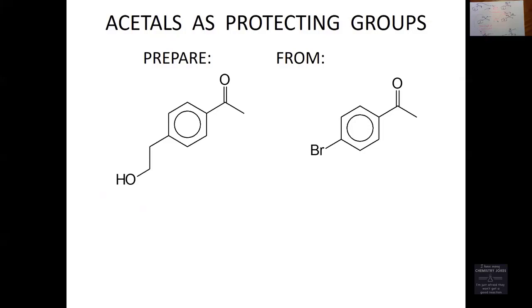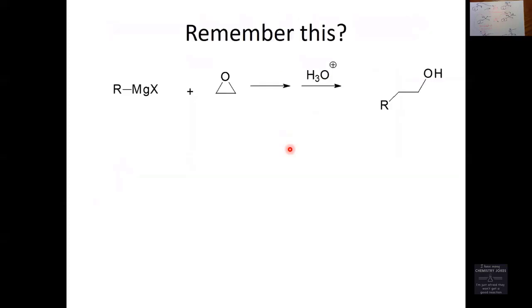Well, if you were trying to synthesize this molecule from this molecule, you might want to use a Grignard, because hopefully by now Grignards are your BFFs and you love doing syntheses with them. Don't roll your eyes at me. If you wanted to synthesize this using a Grignard, you might propose a Grignard attacking an epoxide, like that.